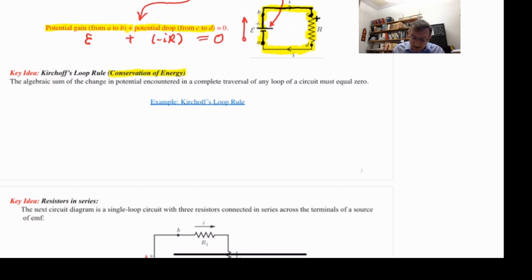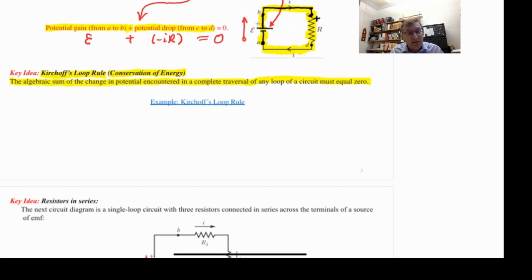But for historical reasons, it's named Kirchhoff's loop rule. Here's what it says in words. The algebraic sum, add up pluses and minuses, of the change in potential encountered in a complete traversal of any loop of a circuit must equal 0.